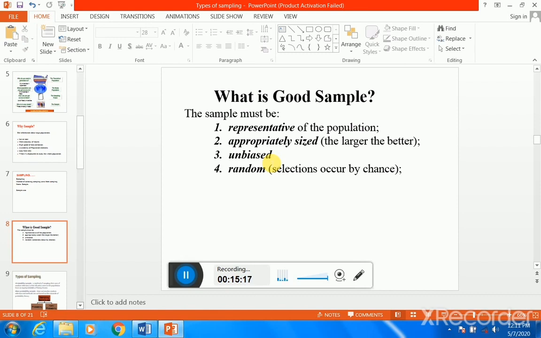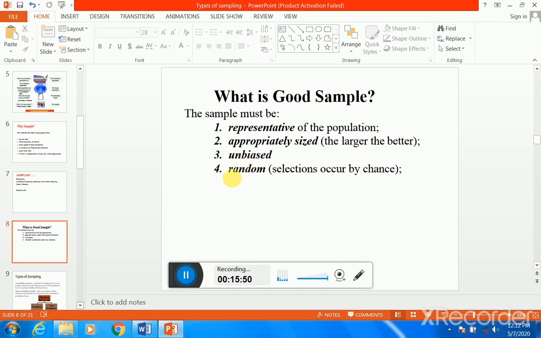When I am going to select the students, there should be a proportionate selection among the students. It is not right to take only 10 male students and 40 female students. It means that is inappropriate. Or for example, in the study female students are fewer as compared to male, or male are more as compared to female. It means that is an unbiasedness of the sample.